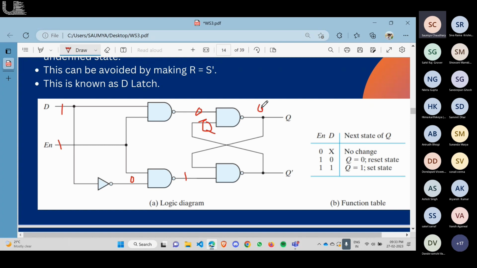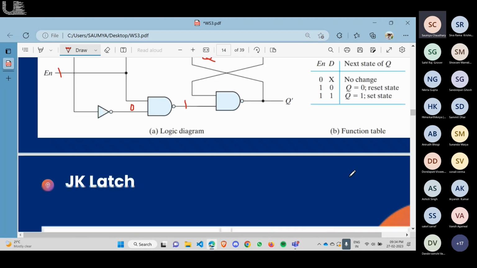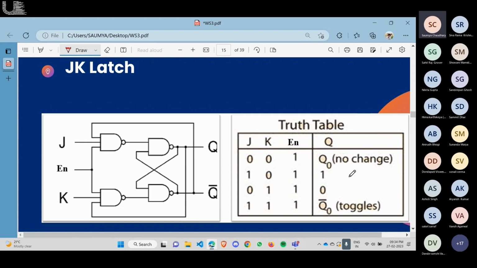The output will be 0, so Q prime with 0 will take the AND, it will give 0, and the whole bar will change it to 1. It is called the set state.